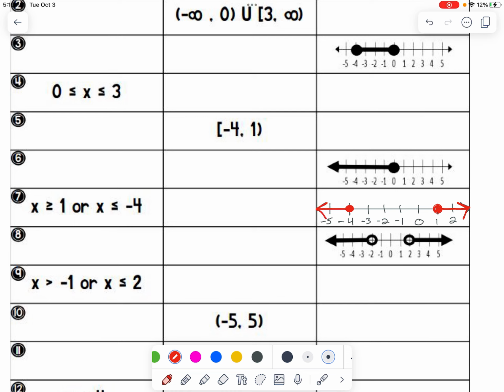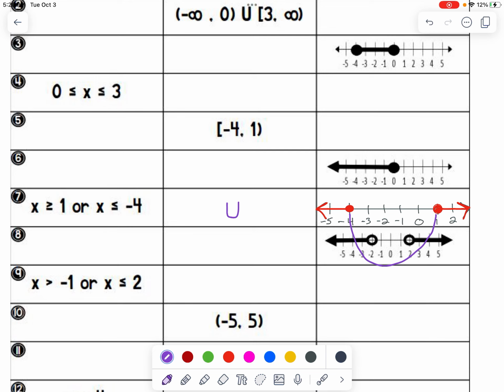Okay. So I can create my interval notation from this. I feel like it's a little bit easier to look at it if you see this, so we have a gap in between, right? We have this like chasm. And if you notice this chasm, it kind of looks like a U. So we're going to have a U. This means union.